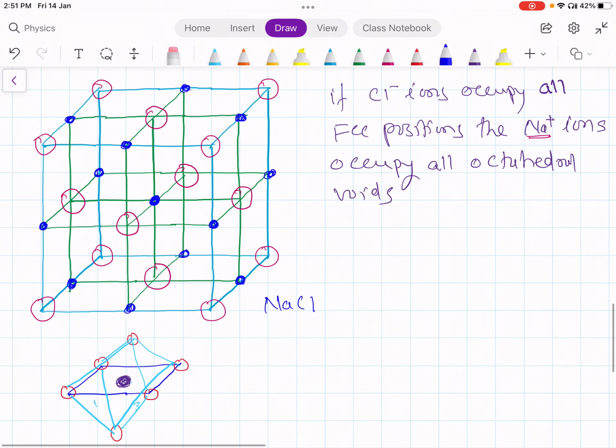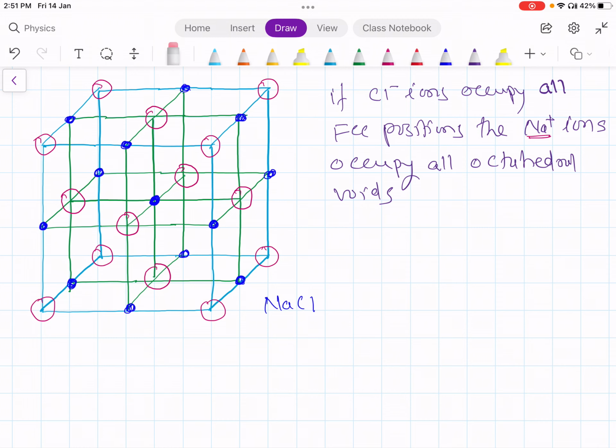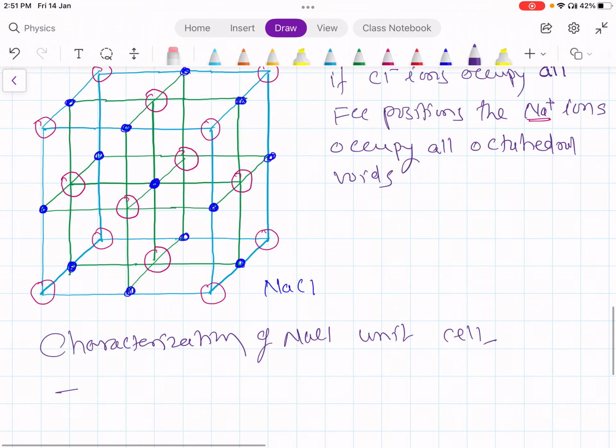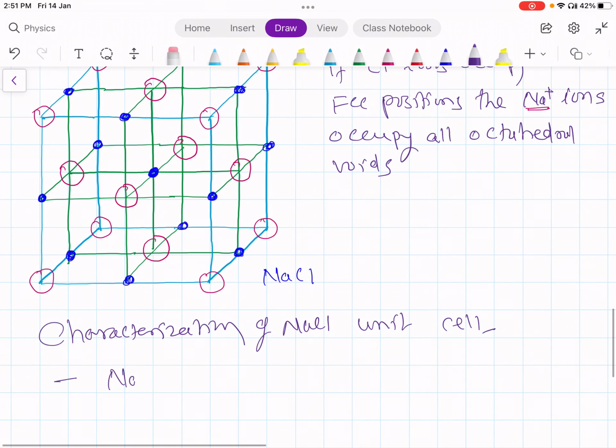Now let us characterize the unit cell. Characterization of unit cell. We know that this is FCC diatomic.